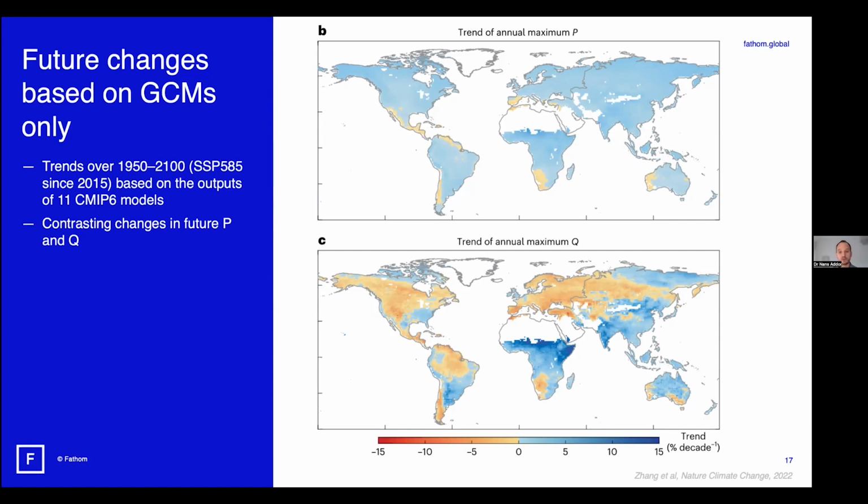I mean, most regions are showing an increase in maximum rainfall, but the trend is actually quite different for maximum flow. And in this paper, they show that in many regions where there is a decrease in maximum flow, snow is one of the key drivers and counterbalances the potential increase in rainfall. So this is one approach.